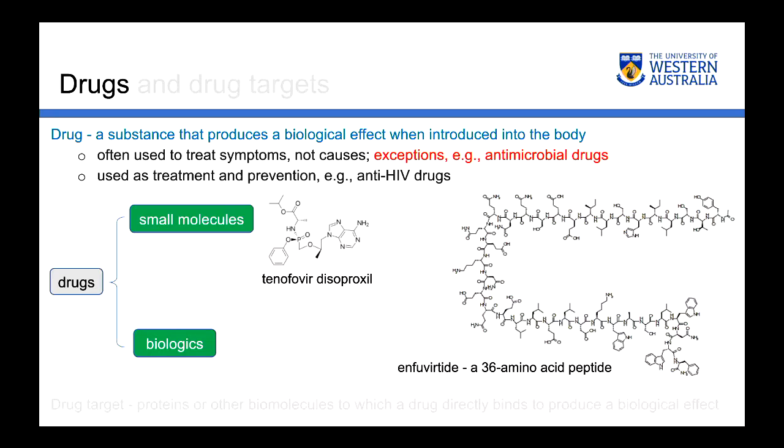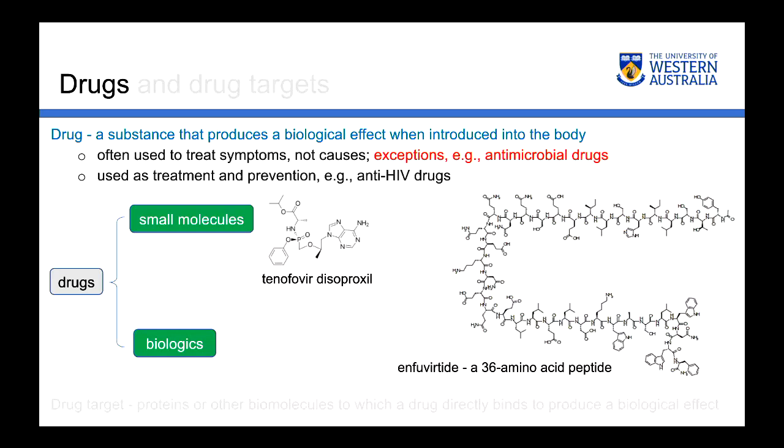There are just 2 examples. Tenofovir disoproxil is an example I use quite frequently in my 2 lectures. It is a drug used for HIV treatment and prevention. What is unique about this drug, which I will touch on later, is that it's actually a prodrug. What is a prodrug? I will explain later, but this is an example of a small molecule.